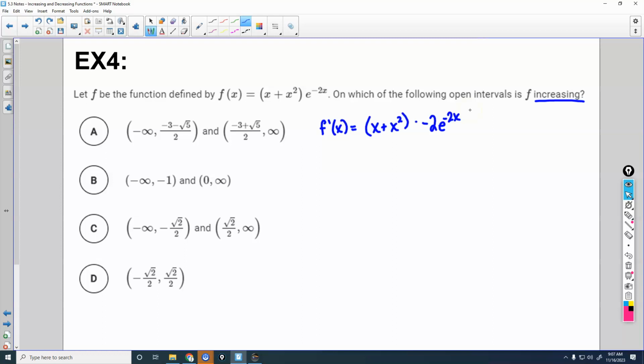But then you have to use the chain rule and multiply by the derivative of the negative 2x, which is where that negative 2 comes from. And then we will have e to the negative 2x times the derivative of x plus x squared, which is going to be 1 plus 2x.